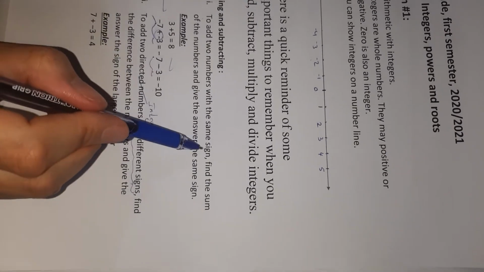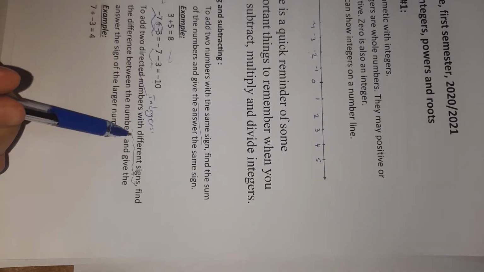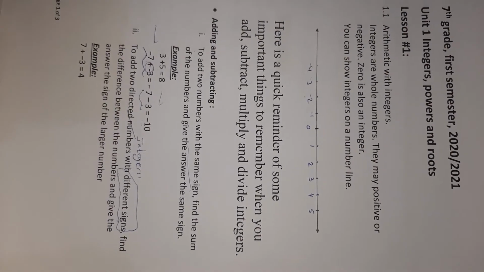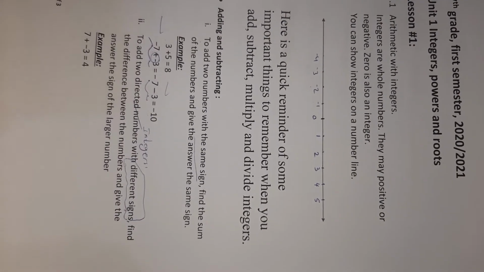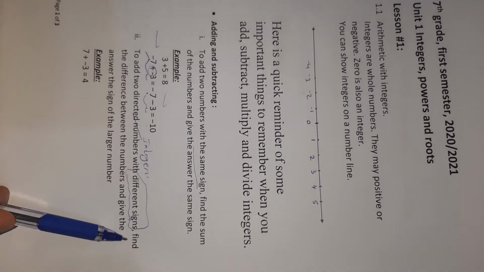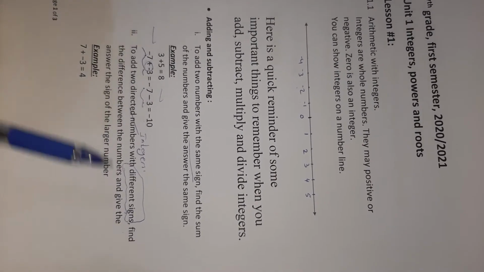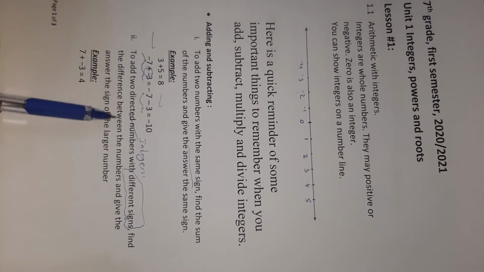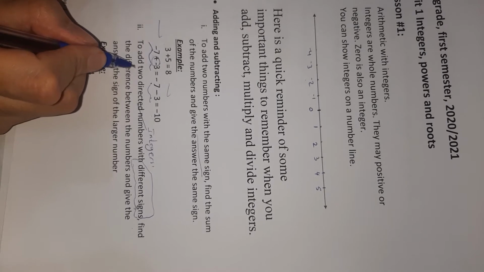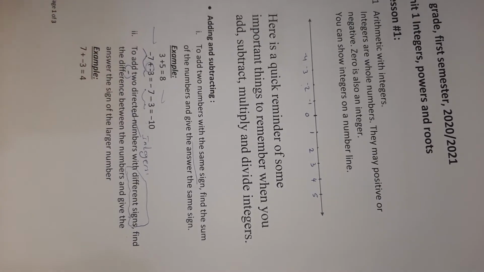In the first case we had the same sign; here, different signs. What do we have to do? You have to follow two steps. The first one: you should find the difference between the numbers. The difference means you need to subtract these two numbers.